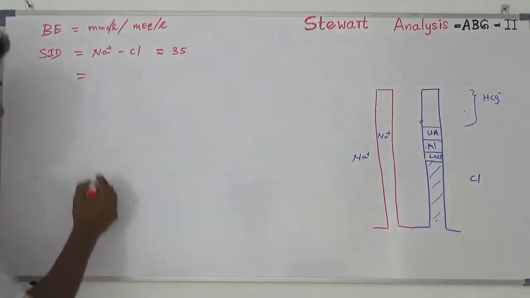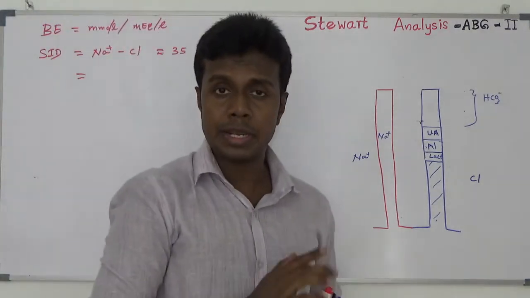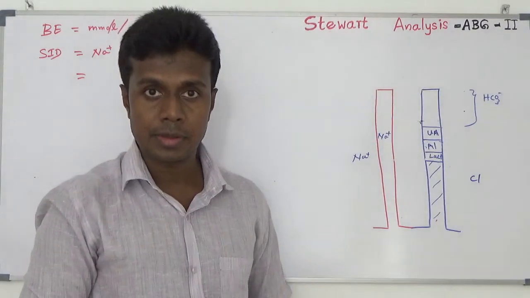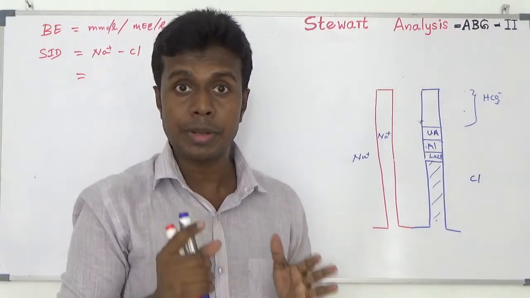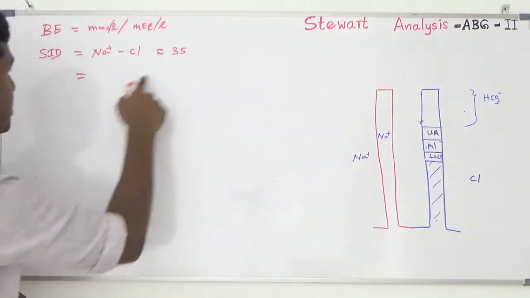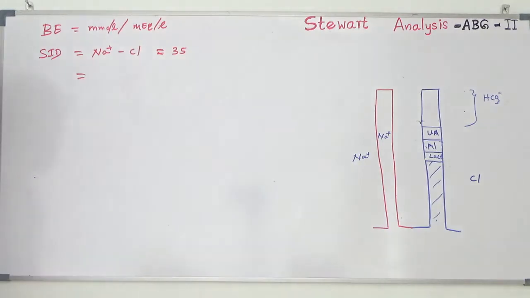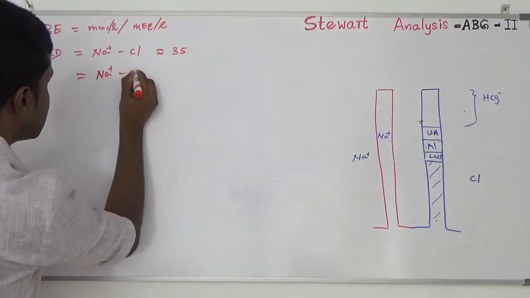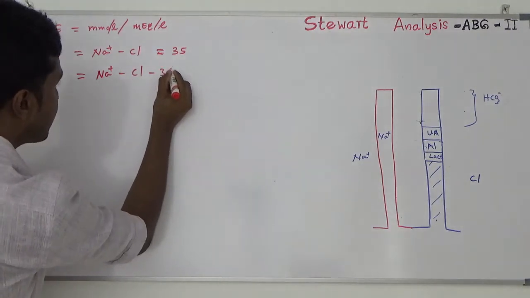If I want to remove the strong ion factor from my patient completely, I have to reduce this 35 from this value. Then I can write this as sodium minus chloride minus 35.